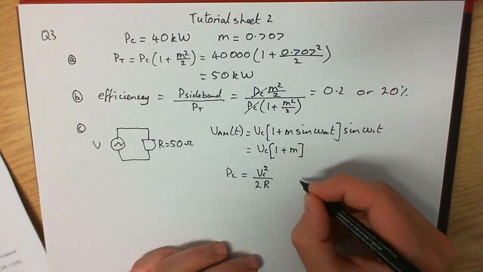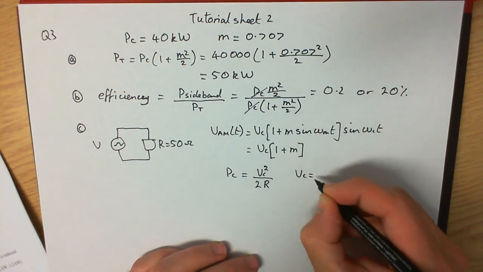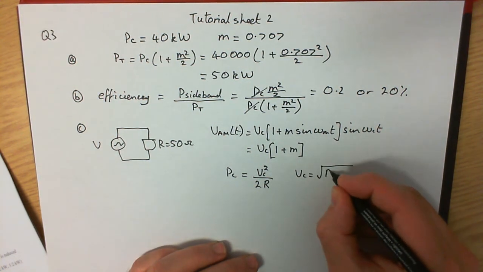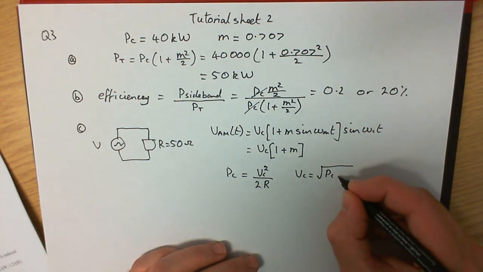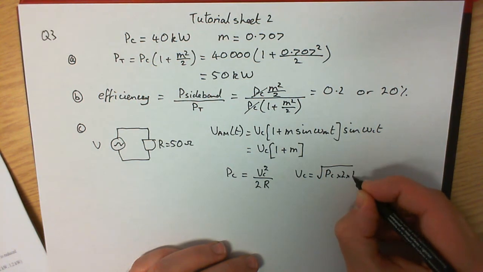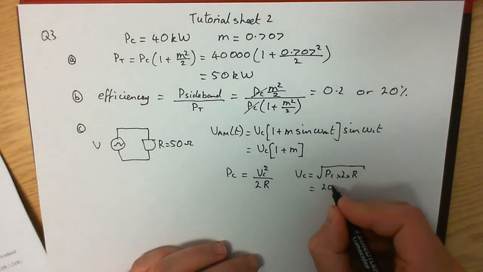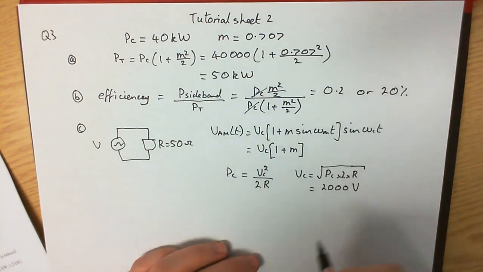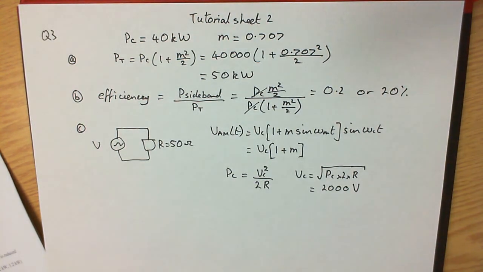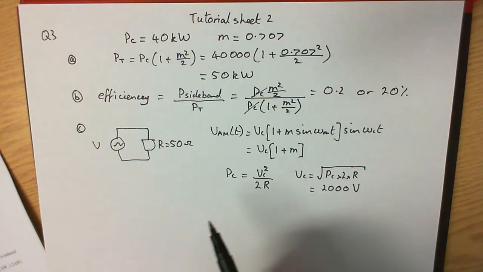If we rearrange that equation, VC is equal to the square root of PC times 2 times R, and that's equal to 2000 volts. So our carrier voltage is 2000 volts.